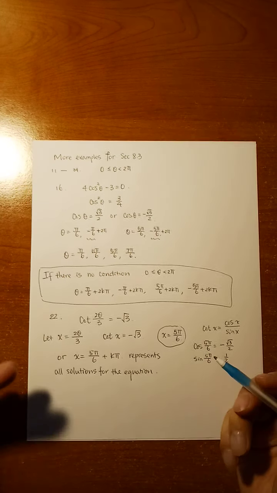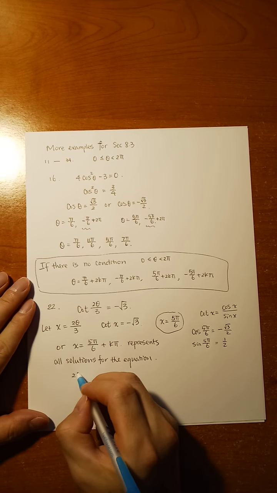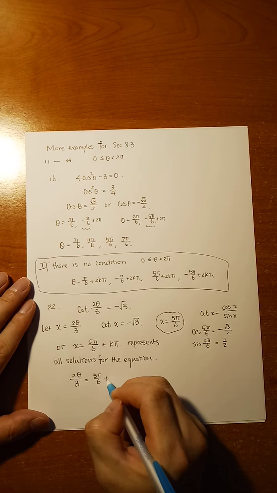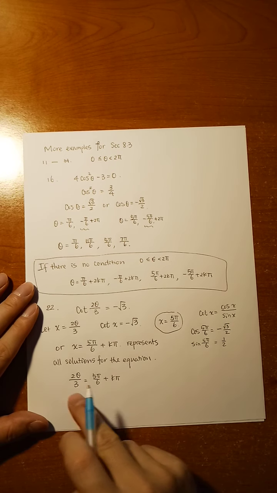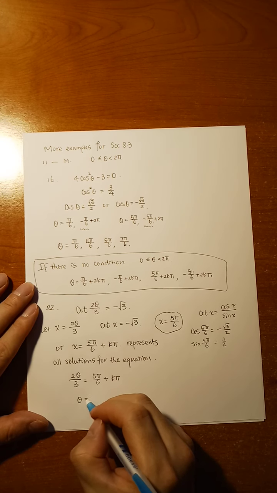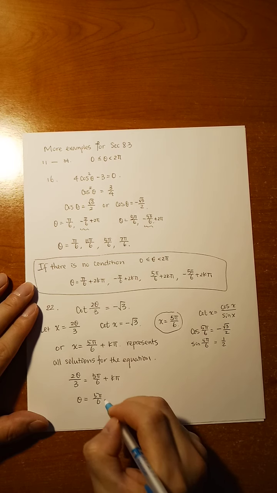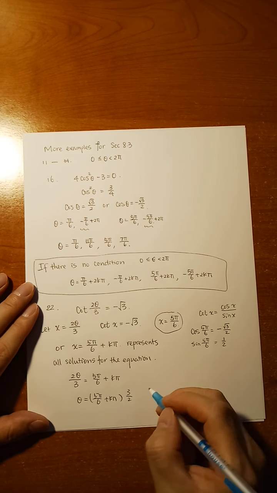Now let's go back to theta. X is this, so 2 theta over 3 is equal to 5 pi over 6 plus k pi. You divide the equation by 2 over 3, so theta is 5 pi over 6 plus k pi, times 3 over 2.